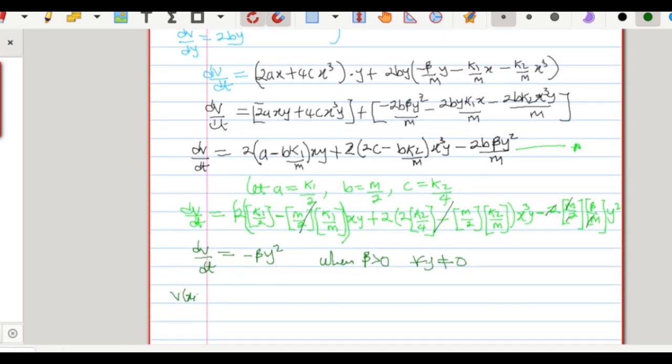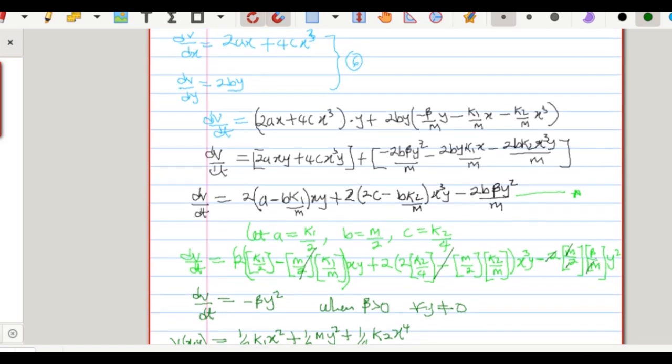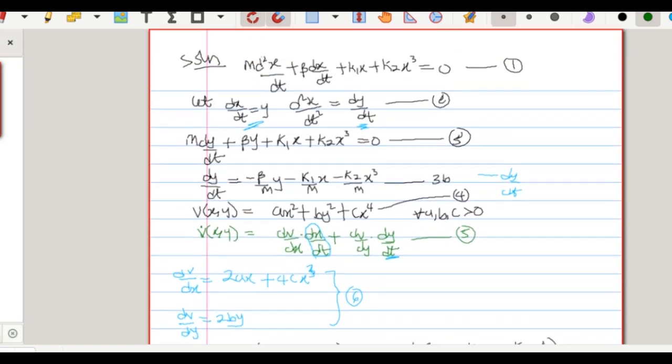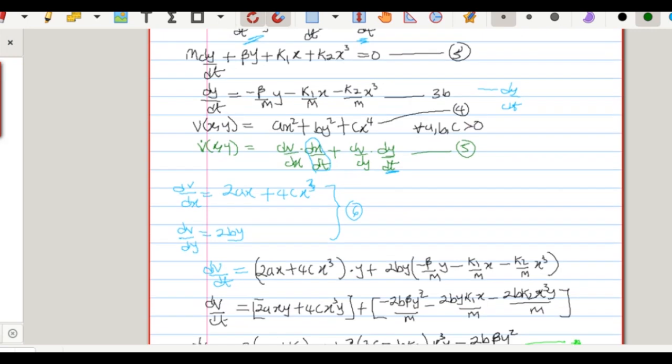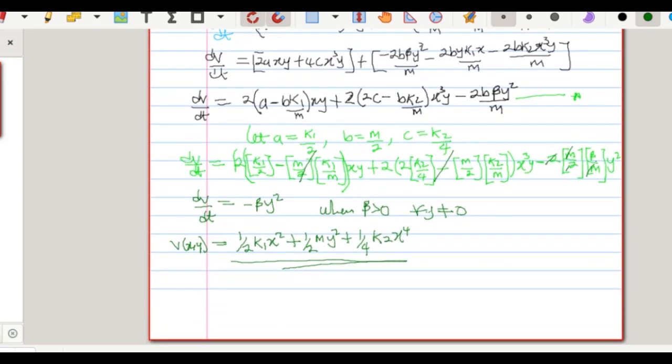V of x comma y will now become 1 over 2 k1 x squared plus 1 over 2 m y squared plus 1 over 4 k2 x to the power of 4. So that is our value of V of x and y. So this is all about this question.